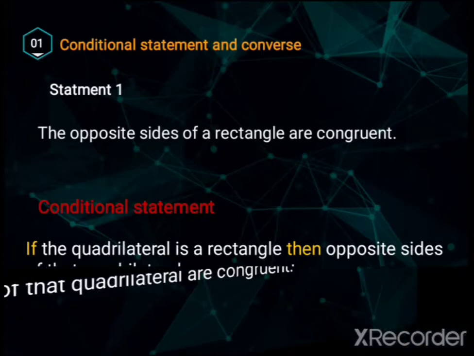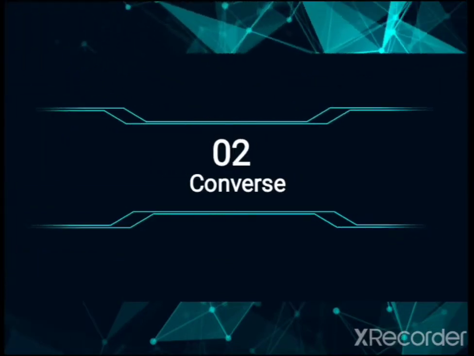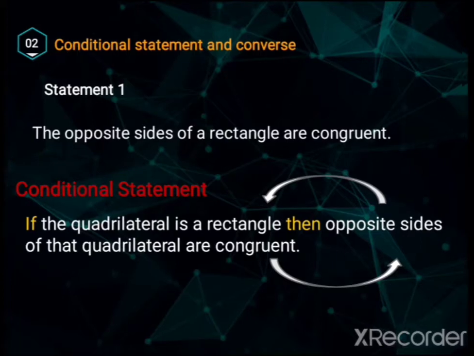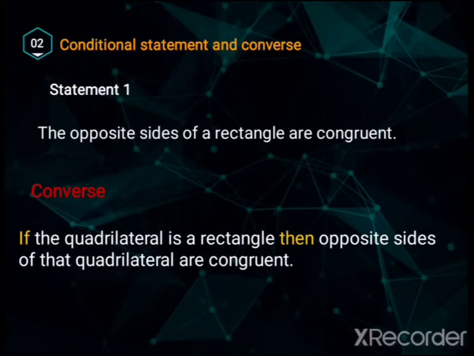Let's see its converse. Converse means only the exchange of antecedent and consequent part. So here we will exchange these two terms, and we will get the converse statement: if the opposite sides of the quadrilateral are congruent, then the quadrilateral is a rectangle.